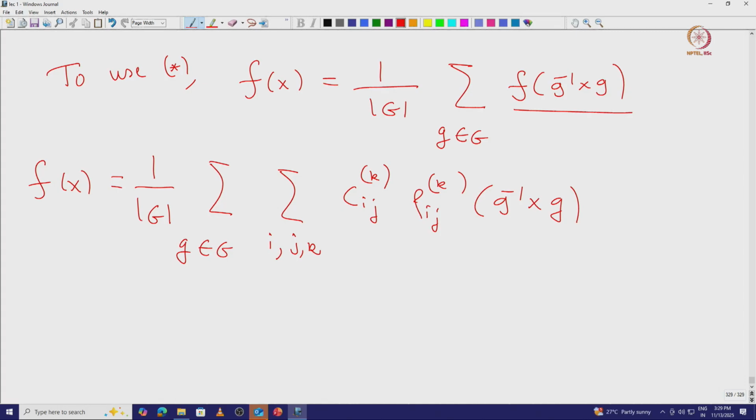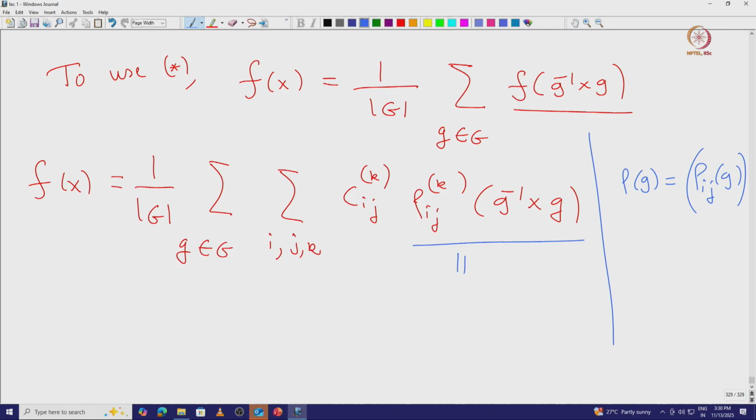Now, recall that rho of g is given by these matrix coefficients rho i j of g, and rho is a group homomorphism. That means this can be split into a product of 3 maps.